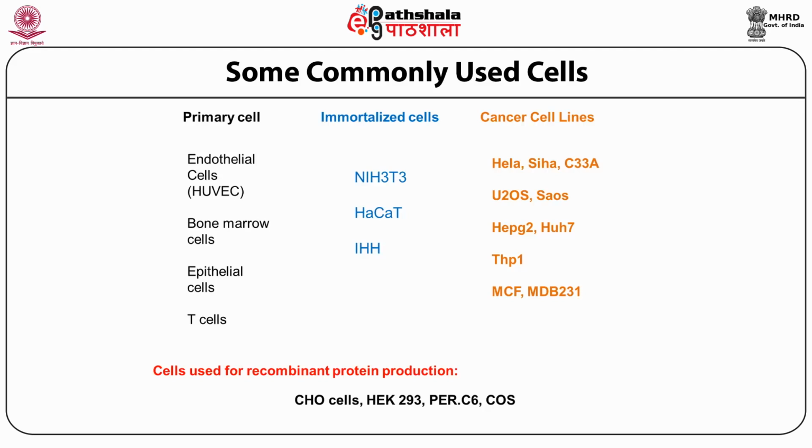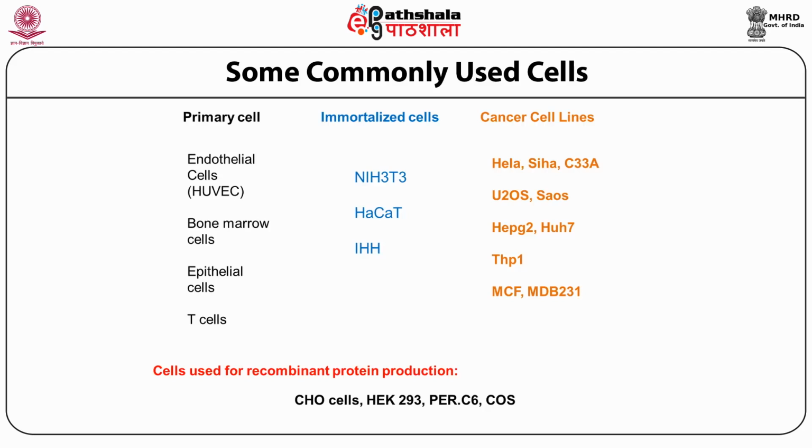Similarly, some of the most commonly used cancer cells include the famous HeLa cells, the CaSki cells, the C33A. The osteosarcoma class includes the U2OS and the SAOS cells. The hepatocellular carcinoma class includes the HepG2 and the Huh7 cells. THP1 is a monocytic cell line, and the MCF and MDA-MB-231 cells belong to the breast cancer family.